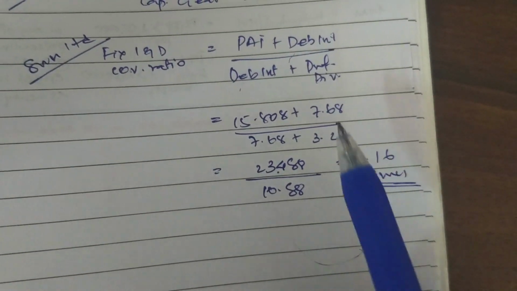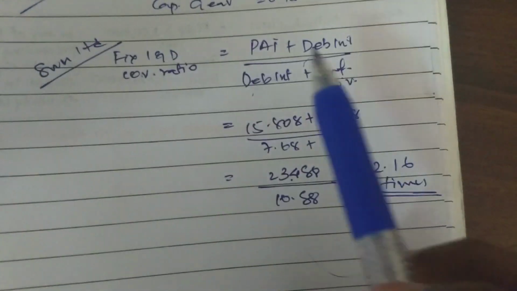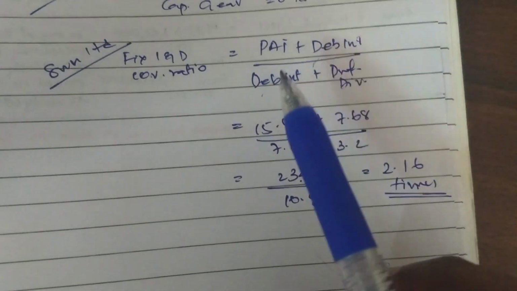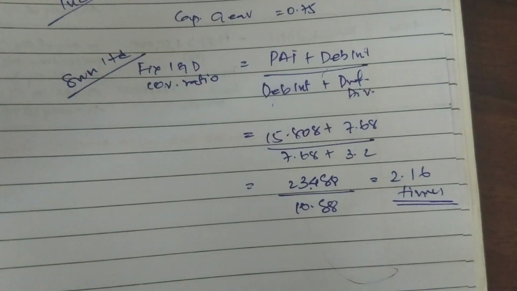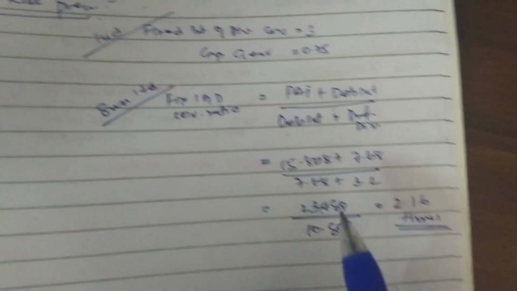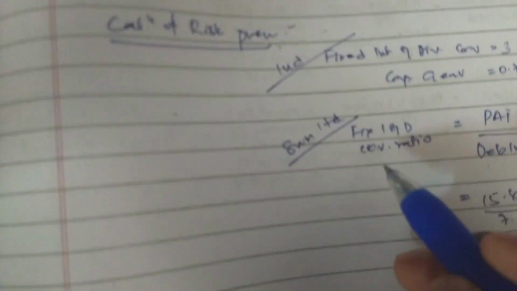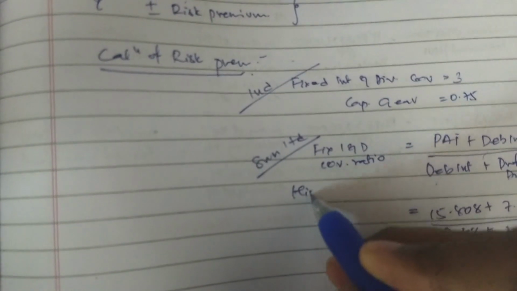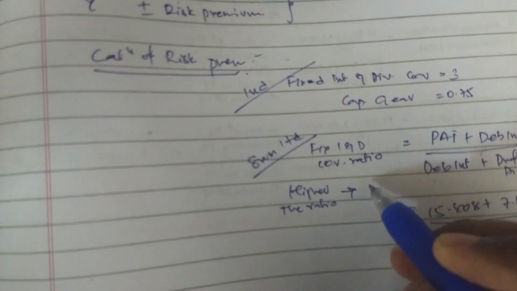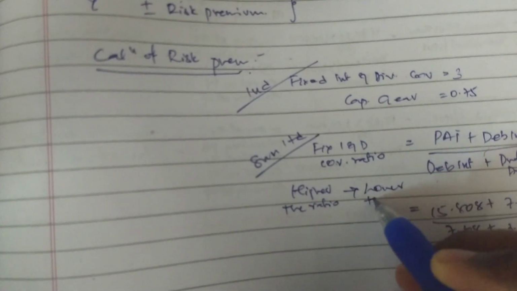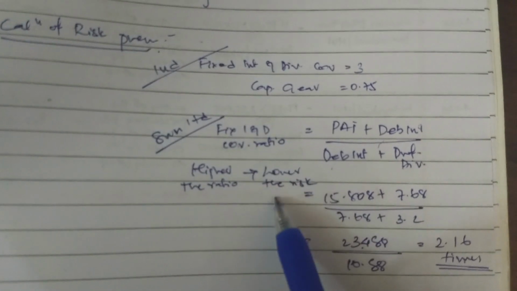So what does it mean? It means that the profit takes 2.16 times to cover its debenture interest and preference dividend. So now, the higher the ratio, the lower the risk.